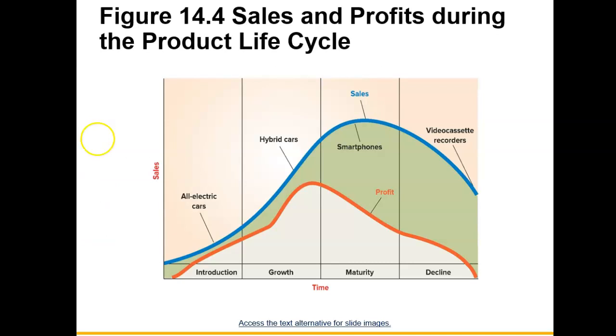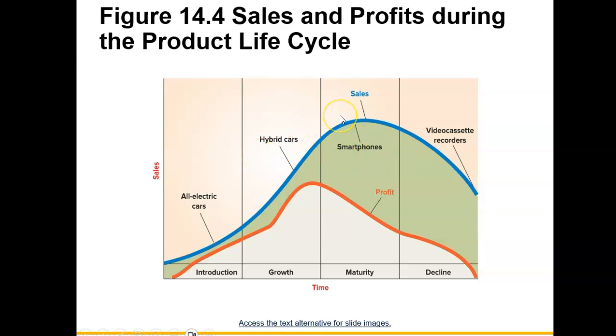Introduction is when the product is first being introduced. An example could be all-electric cars. In the growth stage, notice the curve, how it is increasing. This is where the electric cars have been introduced and people are familiar with them. So now you have the hybrid cars, and now you have everyone wanting to buy an electric car.